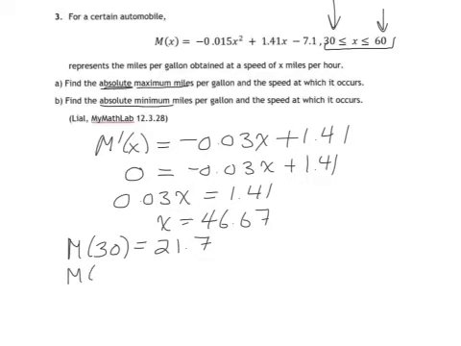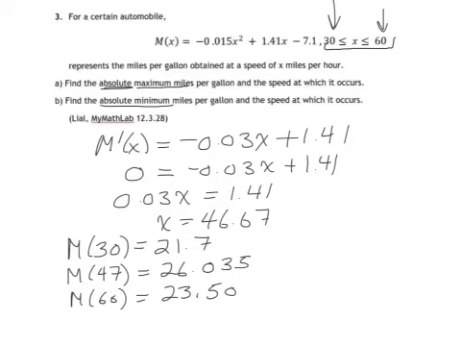And then when we evaluate at our critical point, I'm going to round to 47, we see that we have miles per gallon of 26.035, and at the other end point of 60 miles per hour, we find that we have miles per gallon of 23.5.